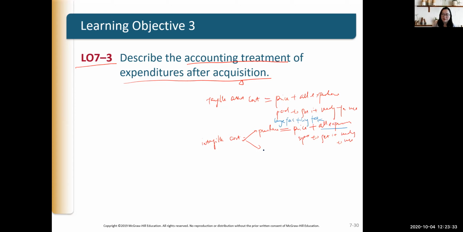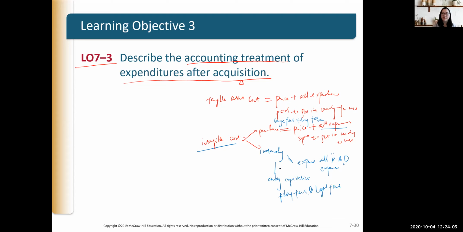However, if it's an internally produced intangible asset, usually you will expense all R&D expenses, right? So you will put the R&D expenses on the income statement. You only capitalize filing fees or legal fees.